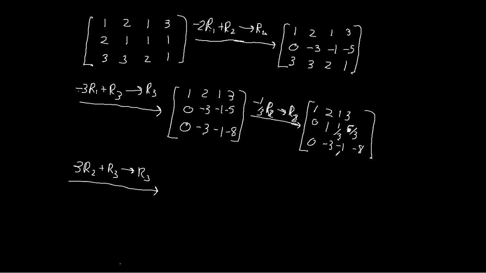Okay, so let's go ahead and do that math. All right, 1 times 3 is 3, plus negative 3 is going to be 0. So we have a 0, we have a 0. We're not changing row 1, so that's going to be 1, 2, 1, 3. We're not changing row 2, so that's going to be 0, 1, 1/3, and 5/3.